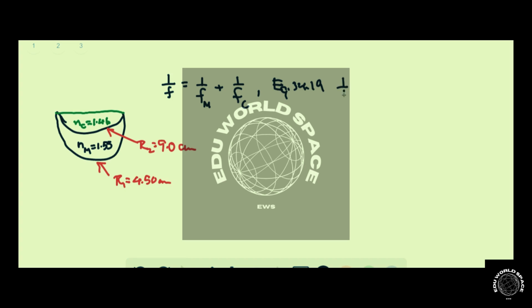And that tells me that 1 over F is equal to n minus 1 times 1 over R1 minus 1 over R2. So let's do the meniscus lens. I'm just going to write M to say that we're working on the meniscus lens. So that tells me 1 over Fm is equal to Nm minus 1, 1 over R1 minus 1 over R2.